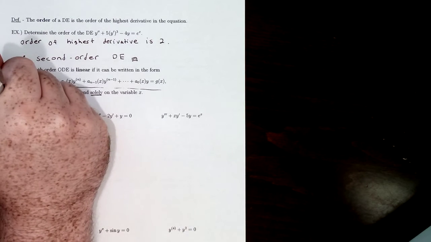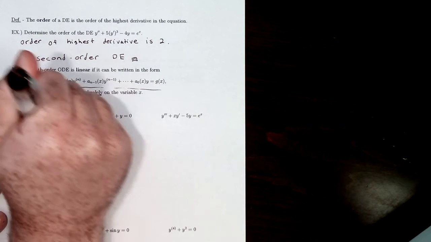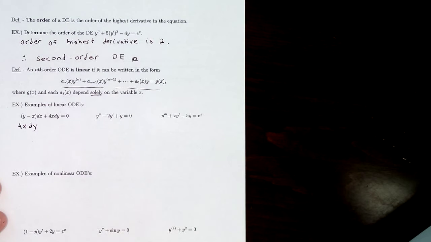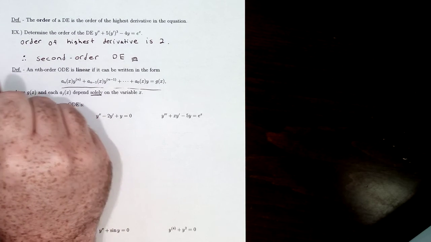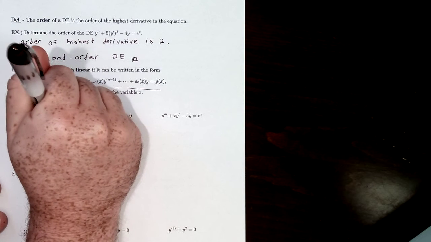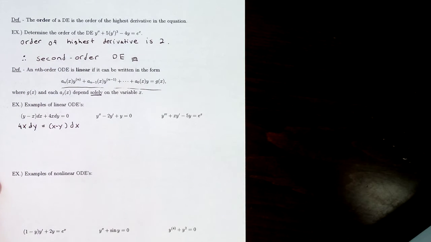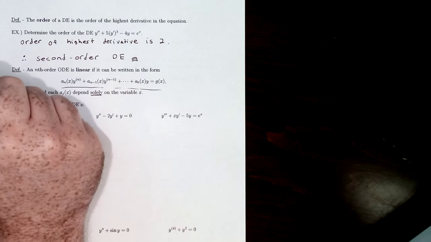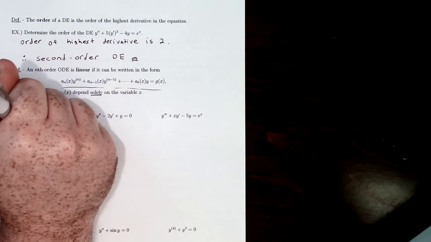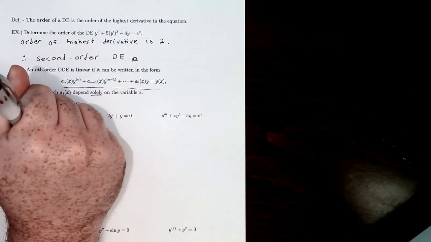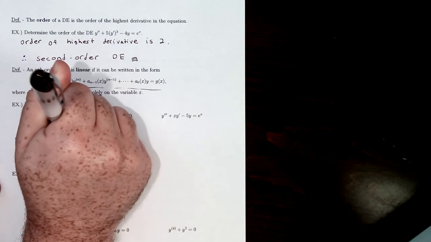So this can be rewritten as 4x dy equals, well, we're subtracting it, so the signs are going to flip here, (x minus y) dx. And then 4x dy/dx equals x minus y.